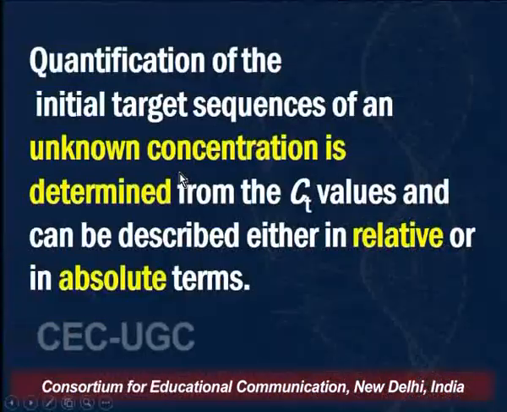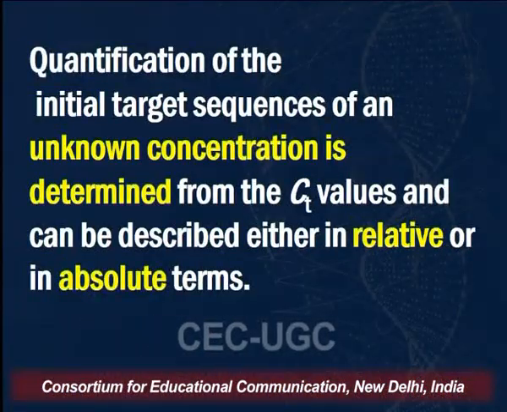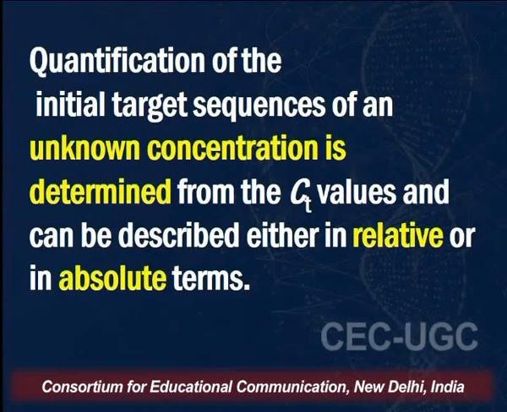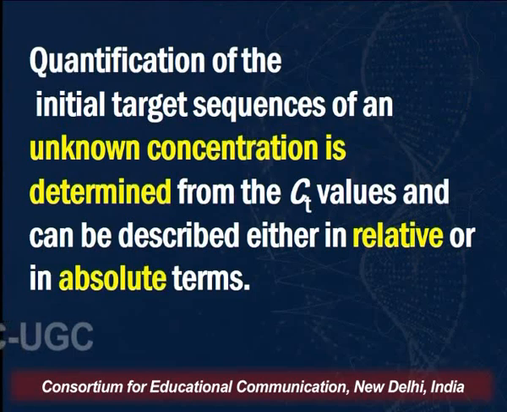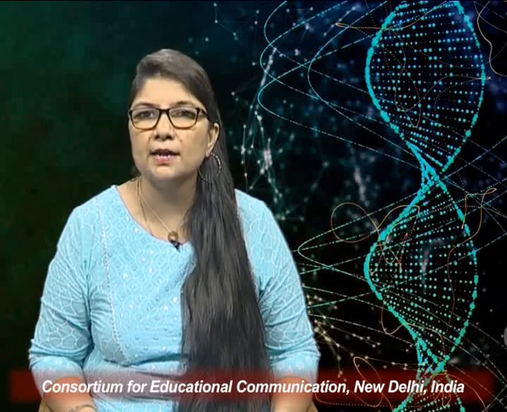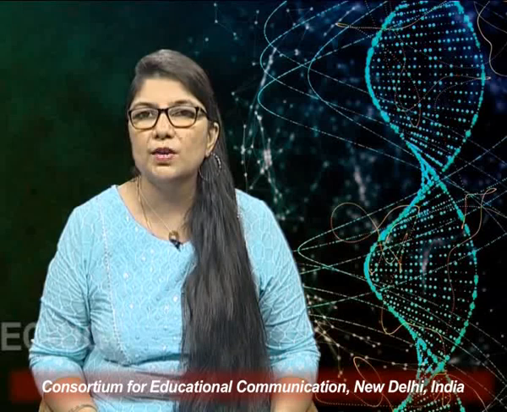Quantification of the initial target sequences of an unknown concentration is determined from the CT values and can be described either in relative or in absolute terms. So we can derive the concentrations of the unknown template by comparing the CT values. So we can do a relative check. What happens in the relative check?